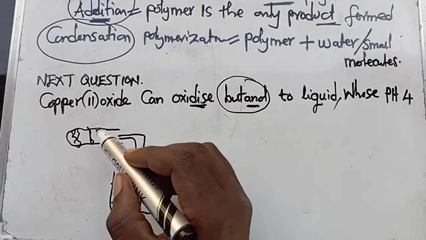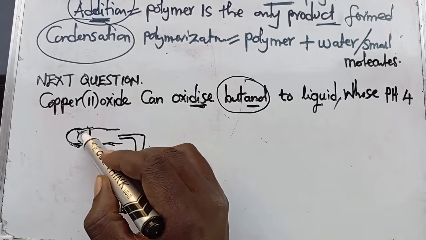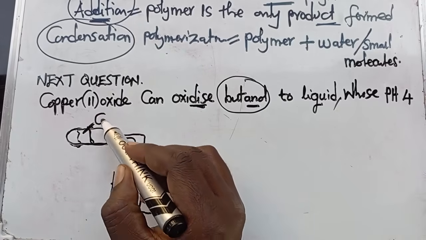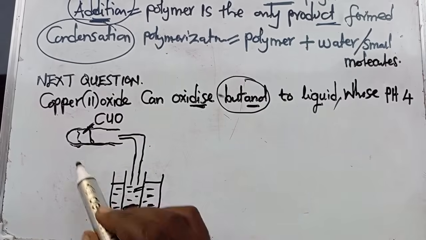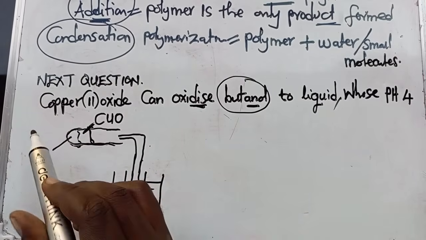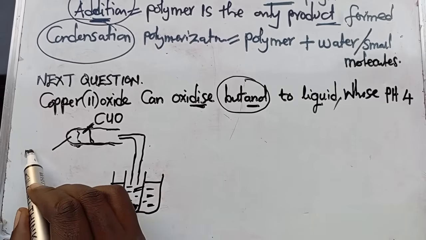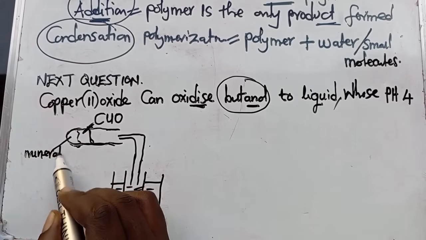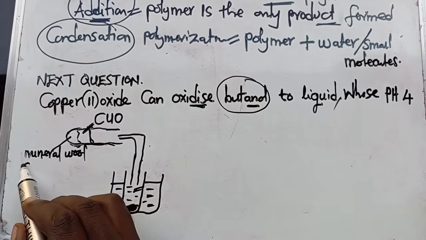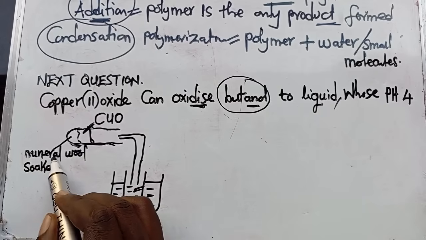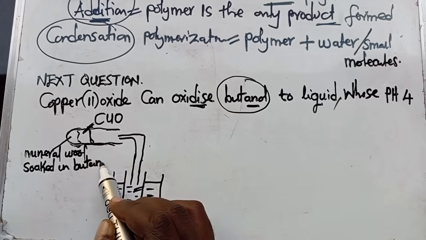So here, this is where we've got copper(II) oxide. Then this one here is where we've got mineral wool, soaked in butanol.